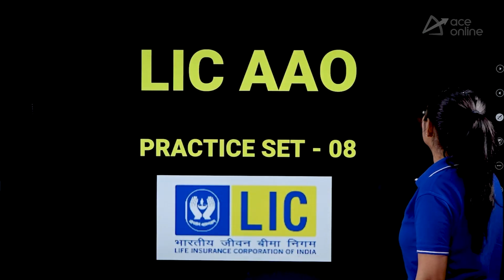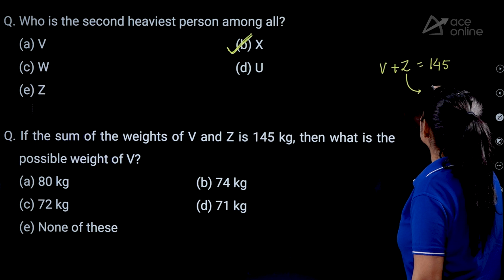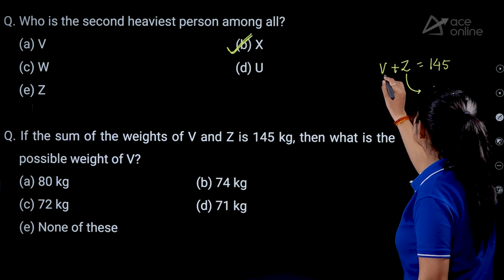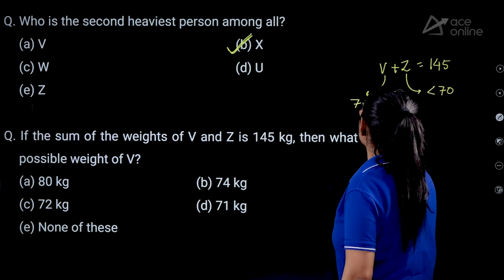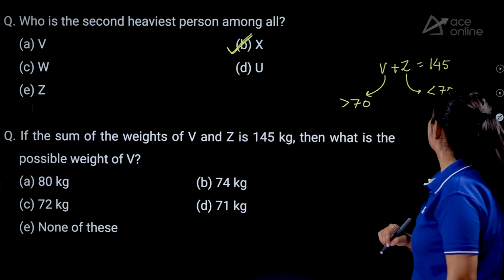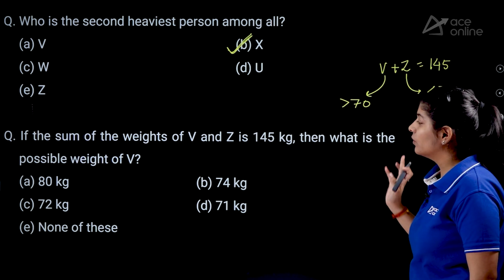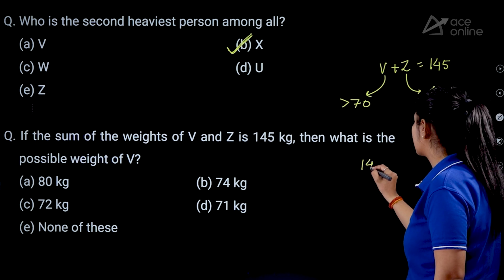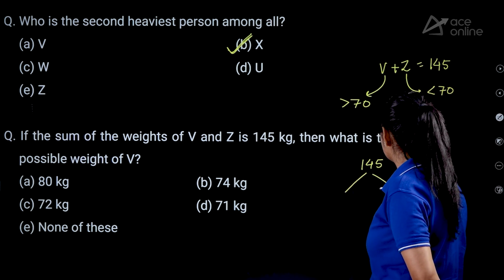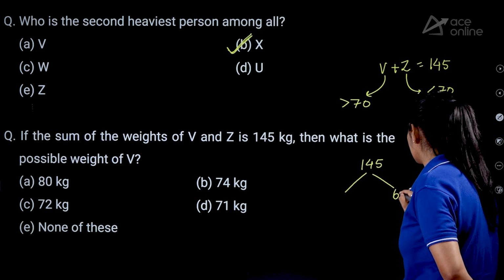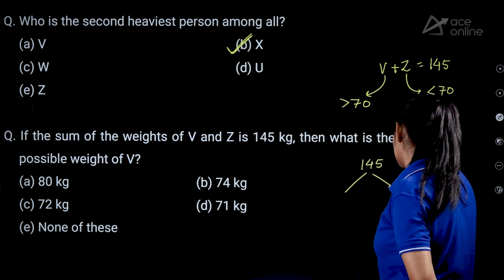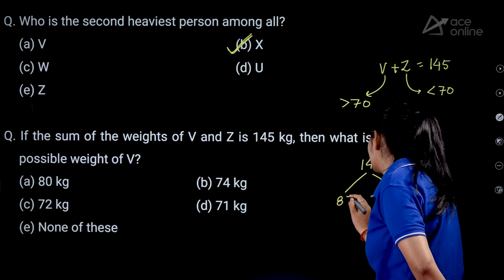Okay. So we know that this value should be less than 70, and this value must be greater than 70, right? Okay. So if it is so, then we can divide 145 as, like, if I take 60 over here, I am remaining with 85.